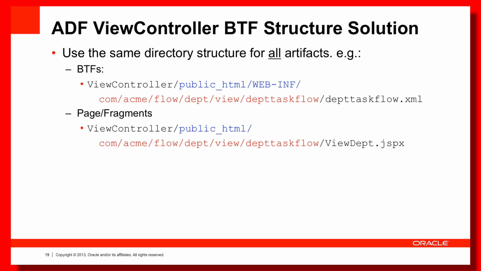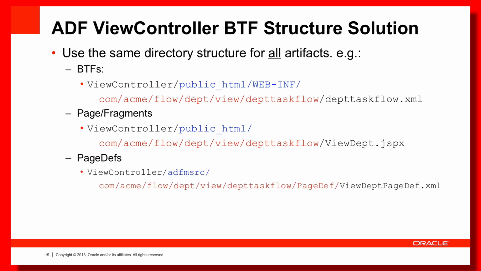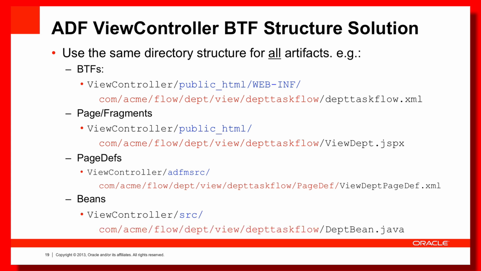a page. In addition, already we know that our page def files are going to go under ViewController ADFM source, com acme flow department view department task flow page def view department page def. Finally, our beans, ViewController source, com acme flow department view department task flow department bean.java. So now very quickly up and down that directory structure, ignoring the initial directory structure.